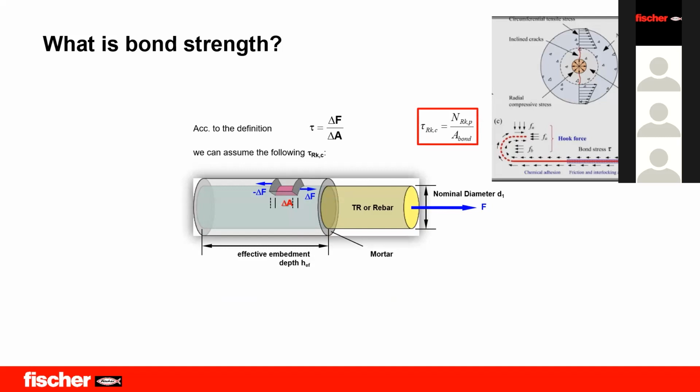The force which the chemical anchor can take per square millimeter of area is known as bond strength. Here you can see the equation, the denotation of bond, which is mentioned as tau Rk,c, and N_Rk,p is the pull-out capacity which the anchor can give, and A_bond means area of bond. This is the equation for finding the pull-out capacity the anchor can give, very simple, with the bond strength multiplied by the area of bond.